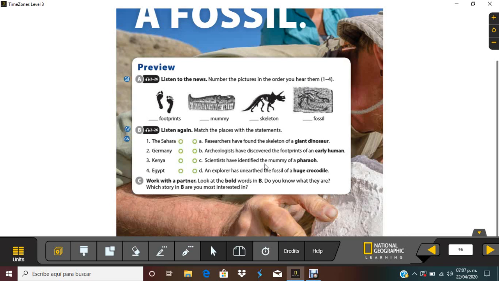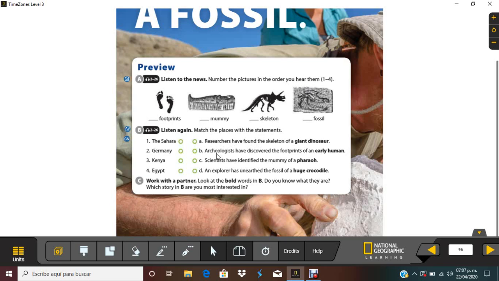All right, guys. Now, before we read the script, it is very important that you understand what you are reading. So, I want you to look using your dictionary or the computer. I want you to investigate the definition of some words of exercise B. Yes? The words you're going to investigate are researchers. Okay? Researchers.